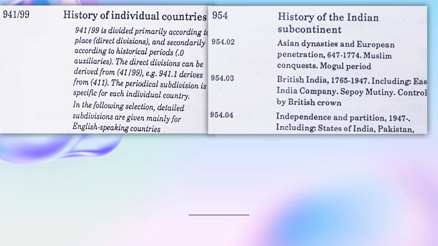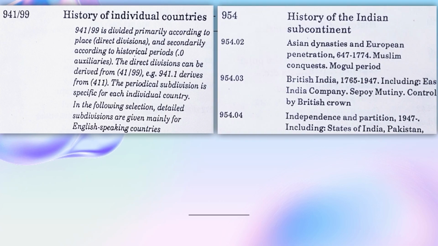So again you see under the 954 there is a special auxiliary 954.02, Asian dynasty, European penetration in India, then 954.03, British India, then 954.04, independence and partition during 1947 and after. So in this way, using this instruction, you can construct these two class numbers.